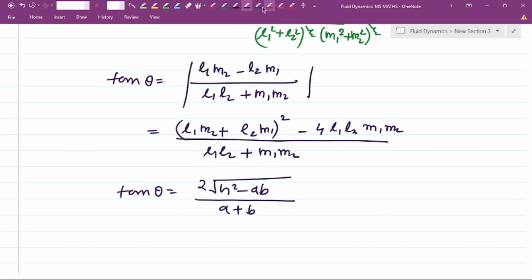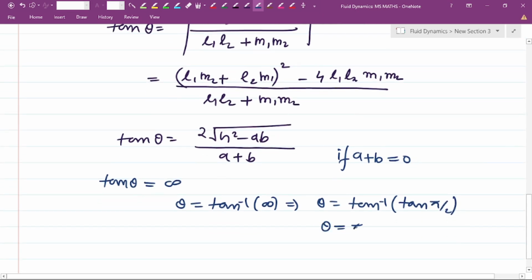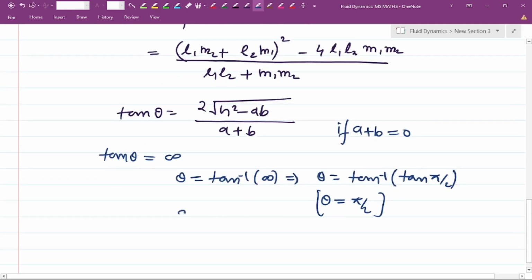If a plus b is equal to 0, then tan theta will be infinite, whereas theta is equal to tan inverse infinite, which means theta is equal to tan inverse tan pi by 2. So it can be written as theta equals pi by 2. If theta is 90 degrees, then this will happen, where 2 root of h square minus ab should not be equal to 0.